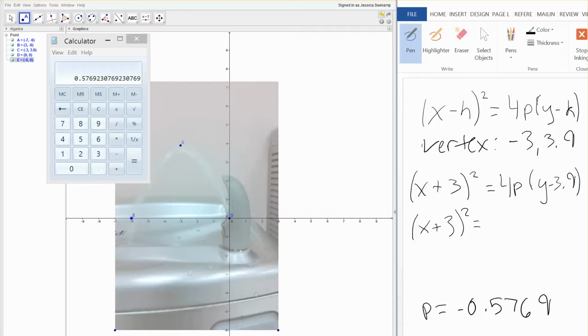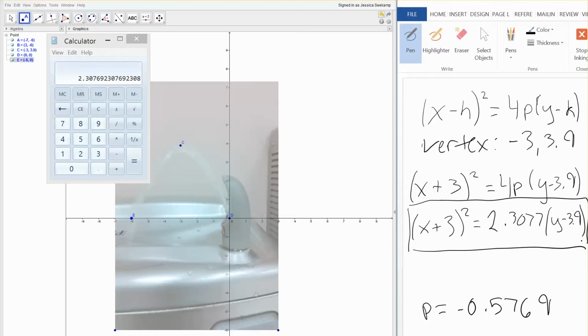Let's just multiply that p value by 4, and that's going to give me 2.3077. Okay, 2.3077, and then I have times y minus 3.9 right here. Alright, and that is my equation for my parabola in vertex form.